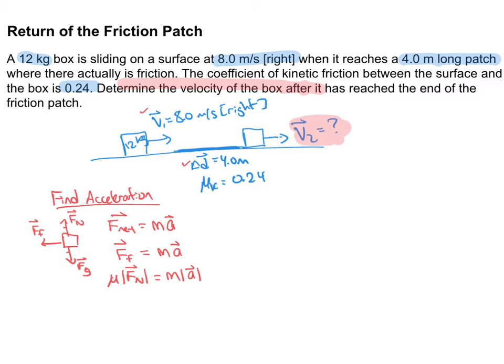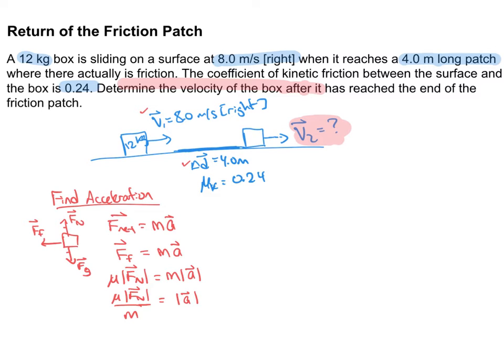So on the right side, I'm going to add magnitude bars as well, just to keep things mathematically sound. And I'm going to divide by mass. So I'm going to take mu, multiply it with the normal force, divided by mass.